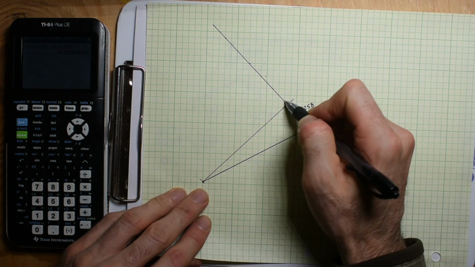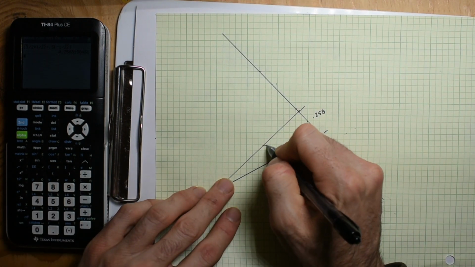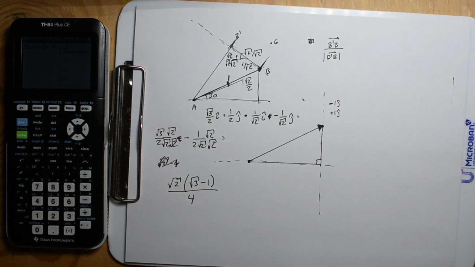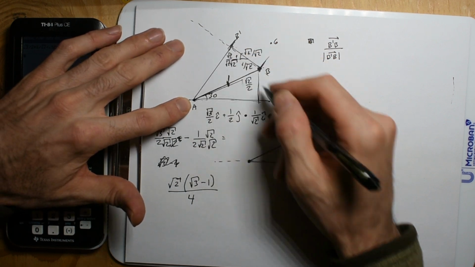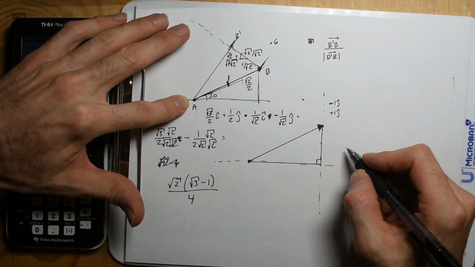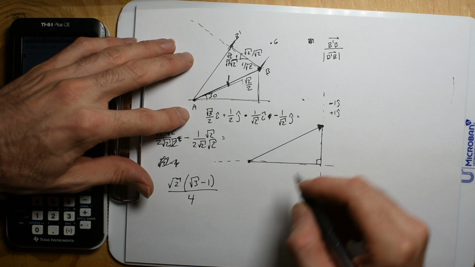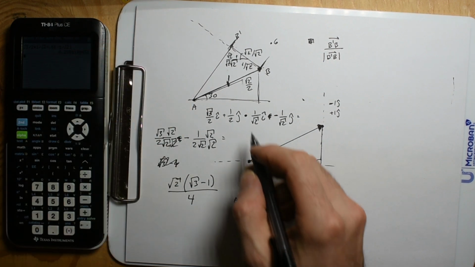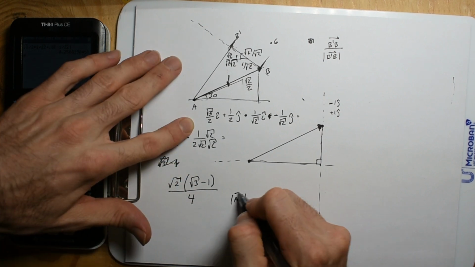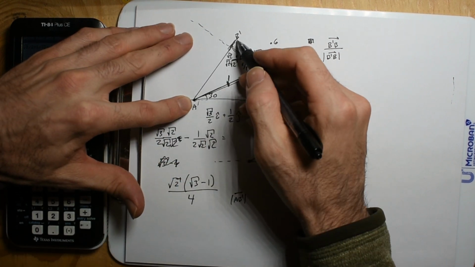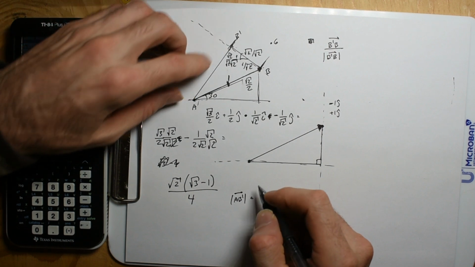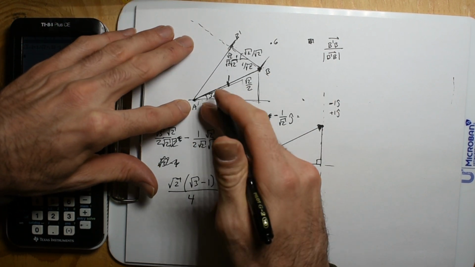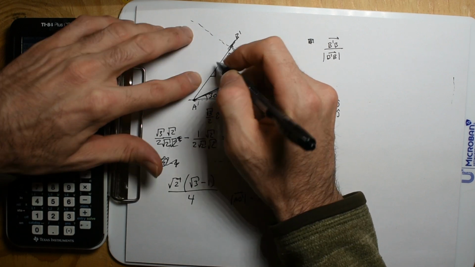And we can figure out what this other distance is, because this is going to have a 1 square root 2. So this distance we want to know is distance AB, the absolute value of vector AB prime, which is going to be AB dotted with a unit vector along here.